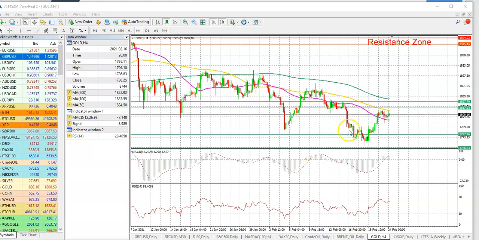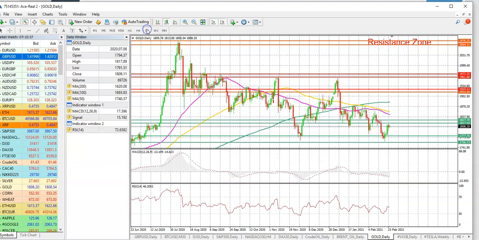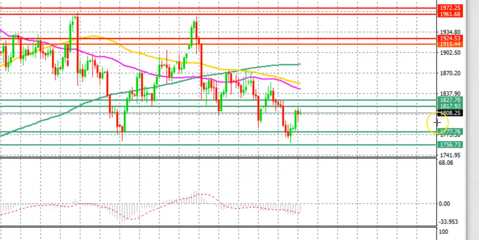But overall, keeping our focus on the price action, what we really need from the bigger time frame perspective is the prices breaking above this particular resistance area.